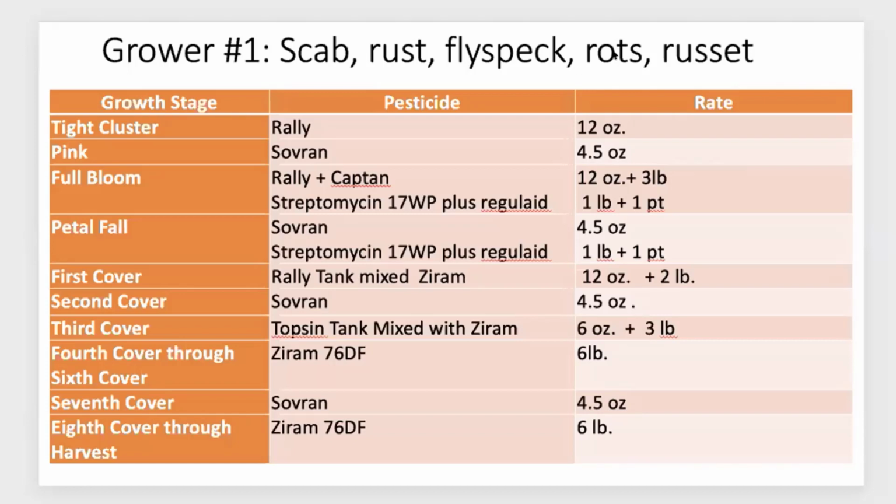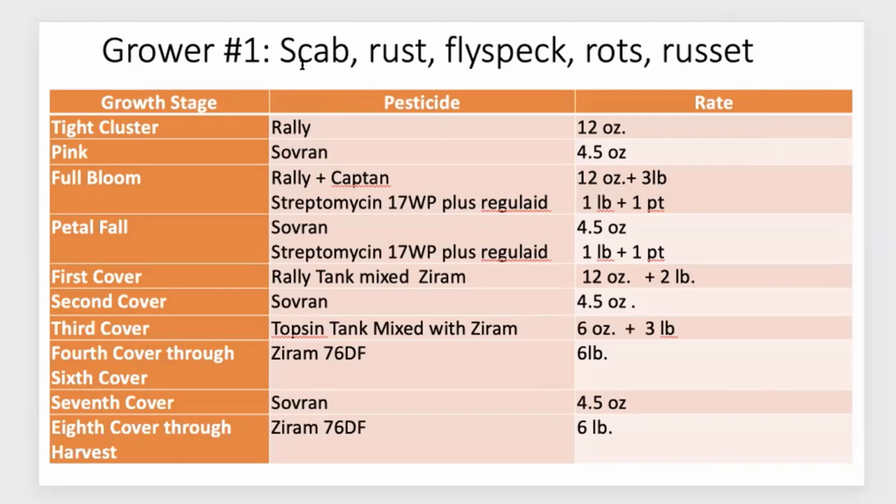Obviously, there are lots of things that could be going on, and it's hard to always see. So just to go back again, copper would be a great addition early on at Silvertip, because it would help against fire blight, which for whatever reason this grower so far isn't having a problem with.